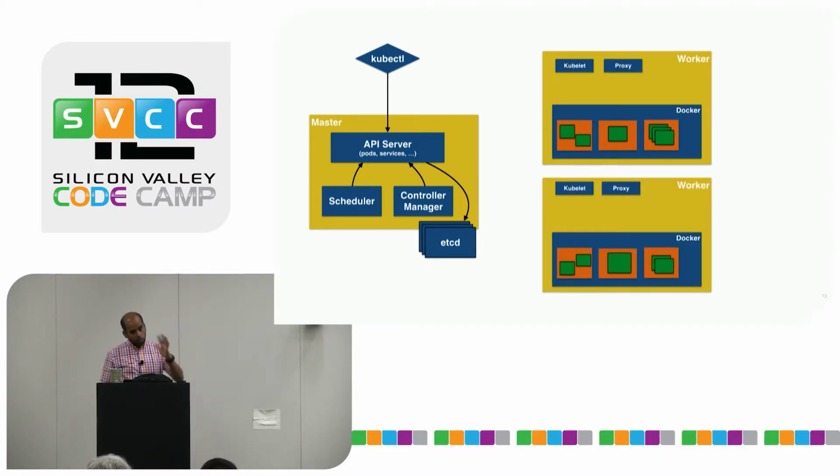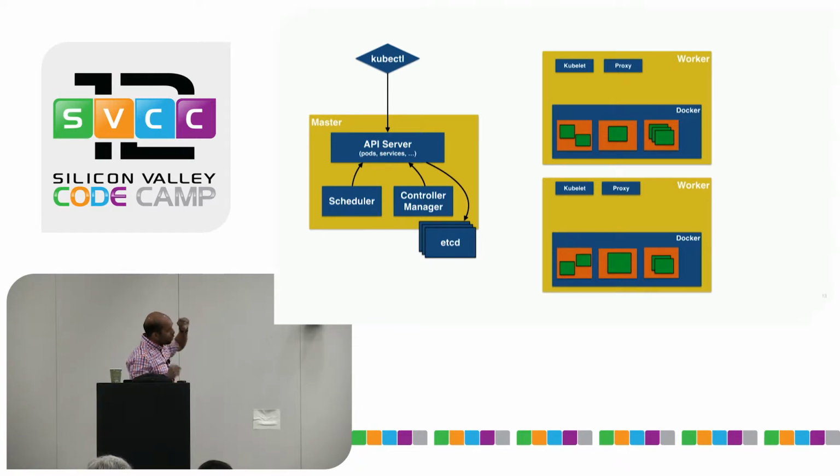On the worker side, like in this example, you have 2 worker nodes. Of course, you have your Docker host that's running, because that's going to understand your Docker containers. On the Docker host itself, you have pods running. And we'll talk about pods in a second. But essentially, pods is the lowest abstraction unit. They don't talk in terms of containers. They talk in terms of pods.